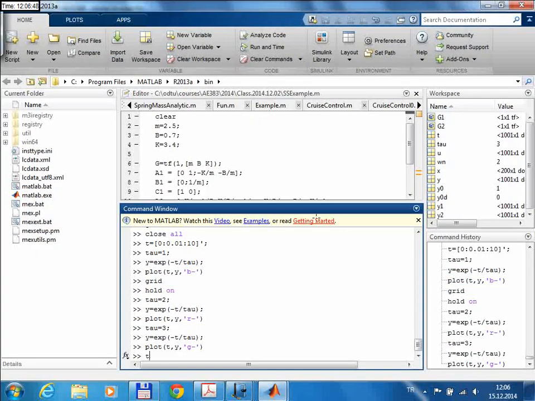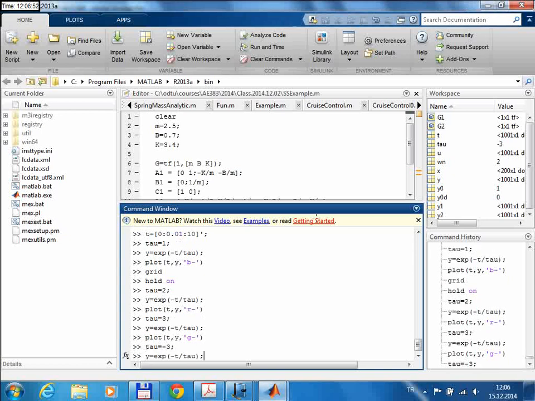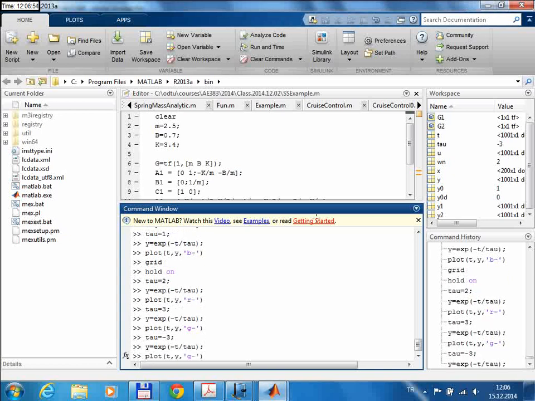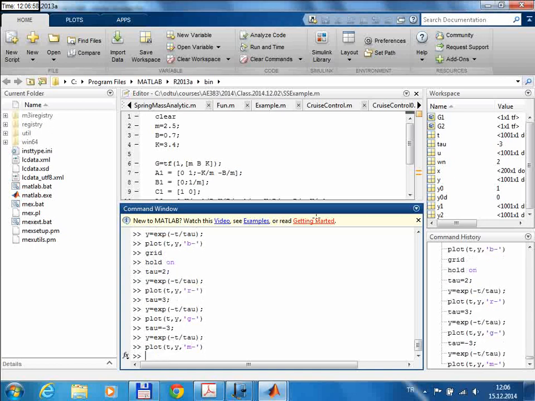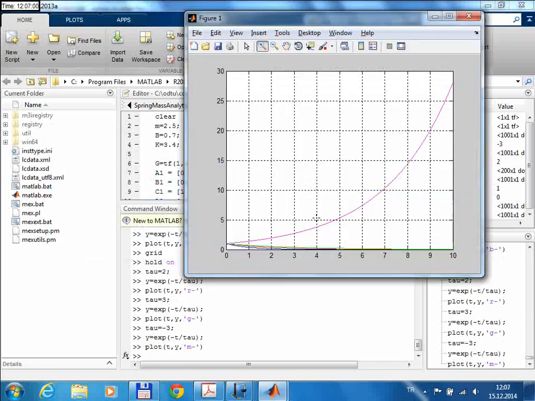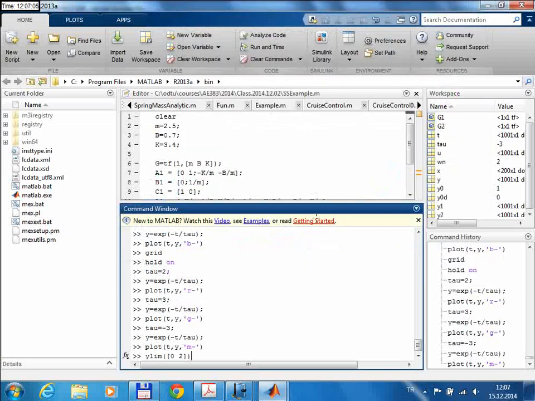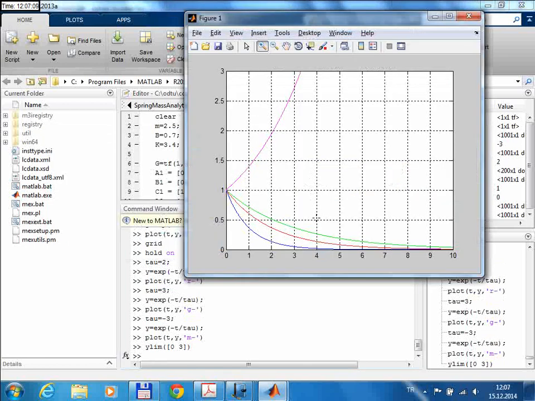So let's plot all these things here. Tau is equal to minus 3. As you see, it starts from the initial condition but keeps growing. Instead of going to the origin, it grows.